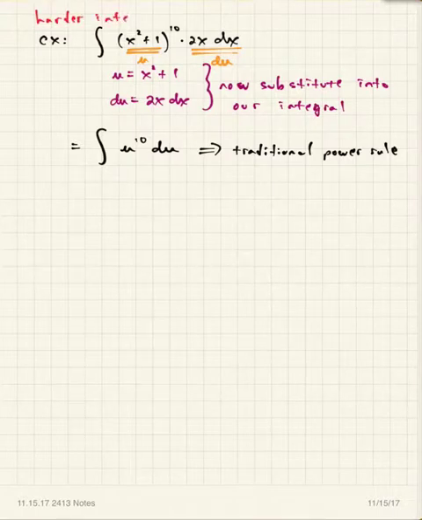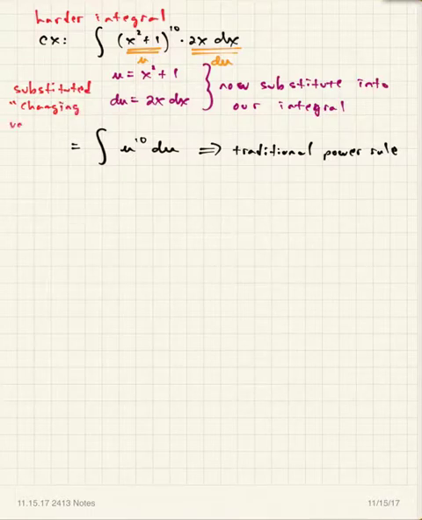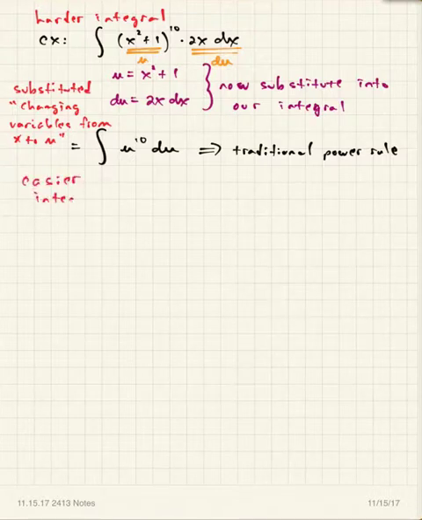And then we substituted, or changed the variables, from x to u, and we are hoping that we have an easier integral when we do this. And we do. This integral right here is an easier integral.